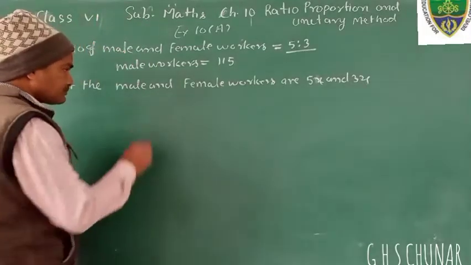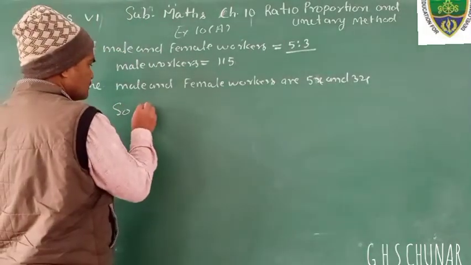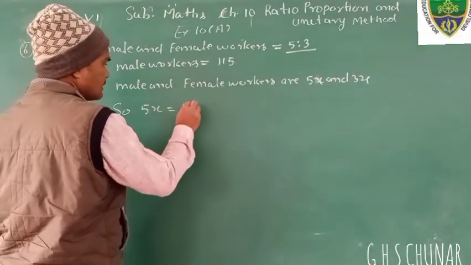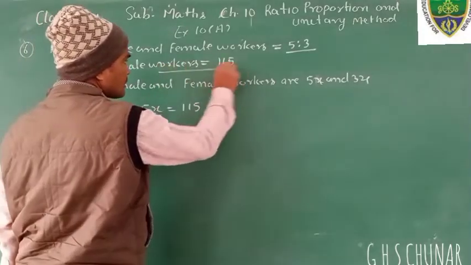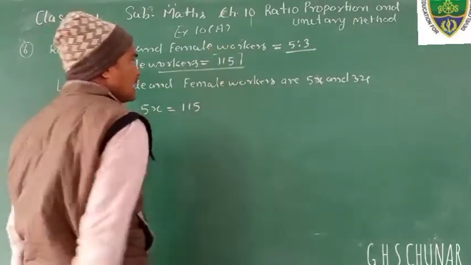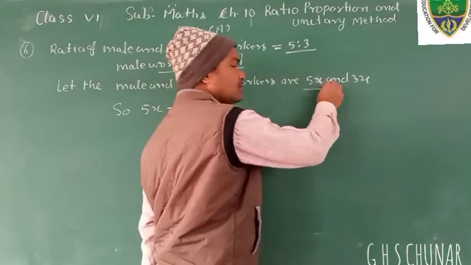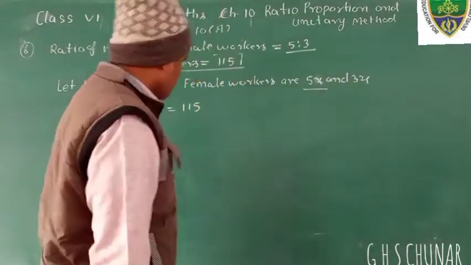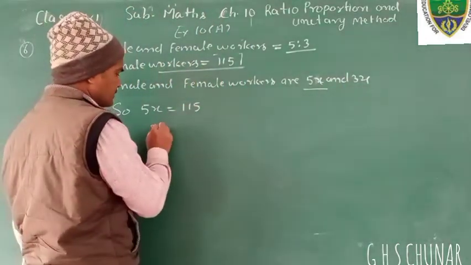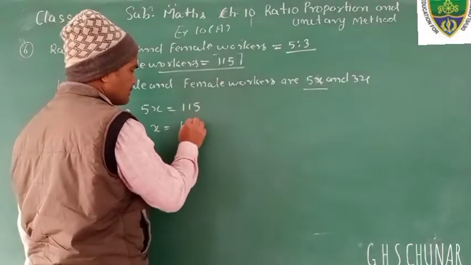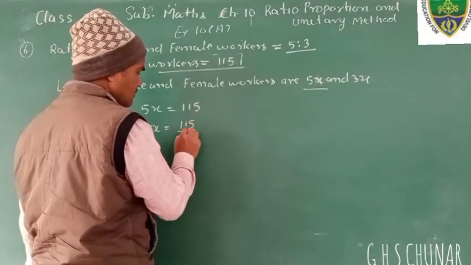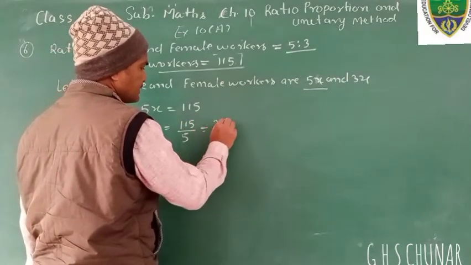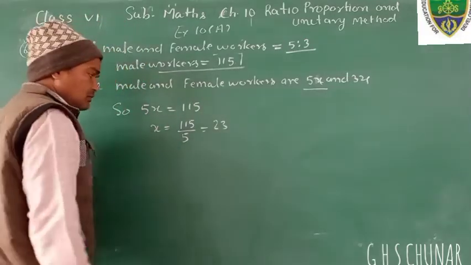So 5x is equal to 150, because the male workers are given as 150 and we have supposed there are 5x male workers. So x is equal to 150 upon 5, that is 5 to the 10, 5 to the 15.